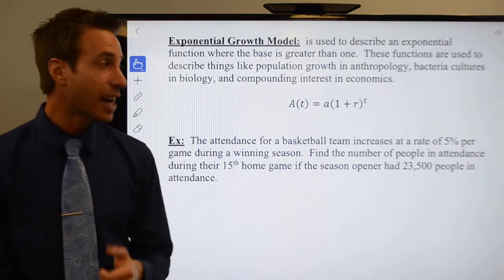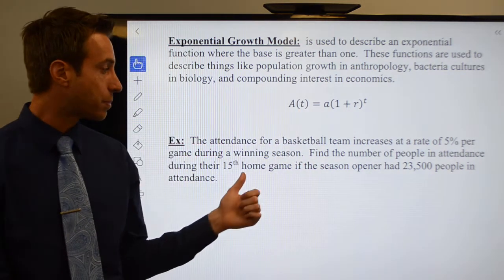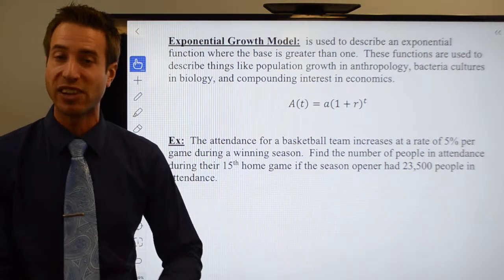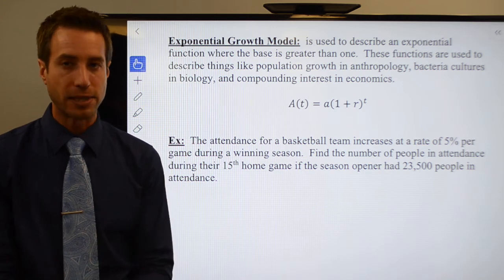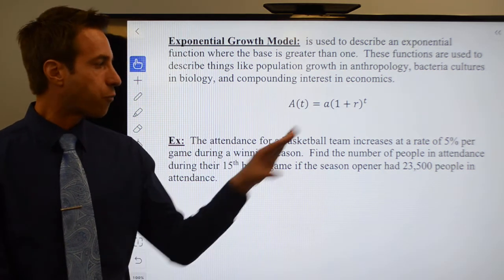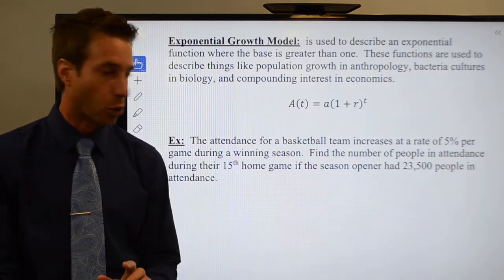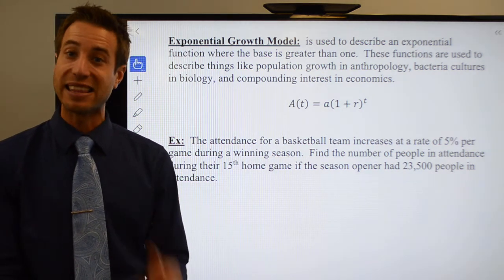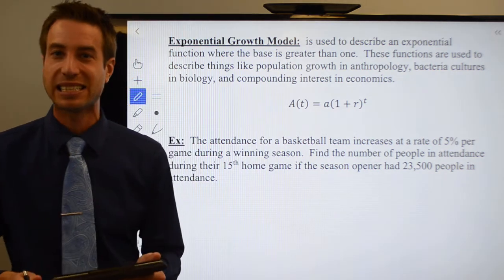In this case, we're actually going to use the exponential function to work on this problem, which does deal with population. It actually has to do with the attendance for a particular basketball team. Now, before we take a look at the problem, I want to talk about the equation real quick. There's actually one other way that you may see this equation written. It means the exact same thing.